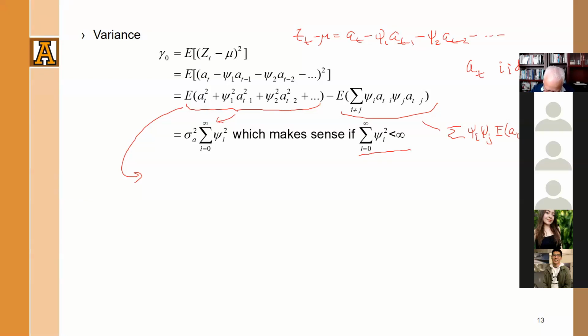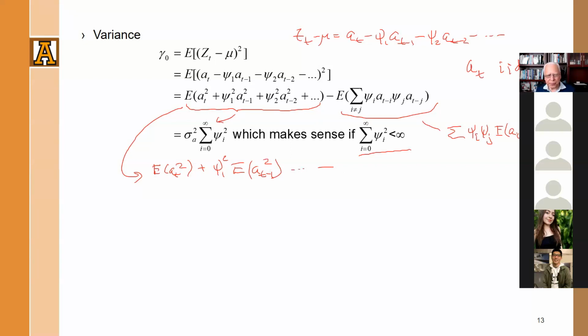Oh, okay, here. It's an expected value. This will be expected value of a_t squared plus expected value of psi 1 squared times a_{t-1} squared, and so on, no? Well, this is the expected value of a_t squared.